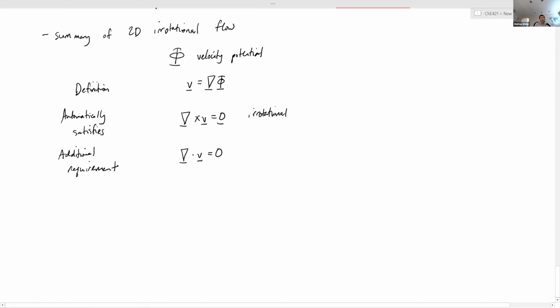If you then carry this into the definition, what you find is that it translates into a PDE for the velocity potential that we have to solve given whatever situation we actually have. The example we did was flow past a cylinder. I think in the example that you did for your homework, it was flow past a sphere, right? Sound familiar?